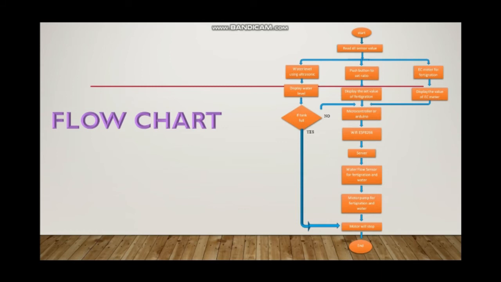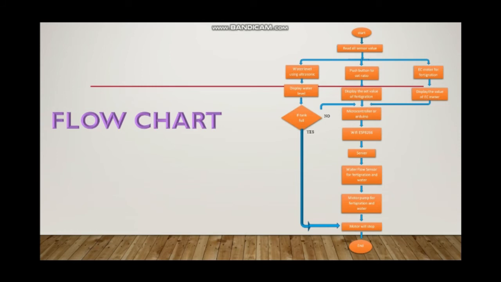For the push button to set the ratio of the quantity of water and fertilizer, it will display the value of the fertilizer. The next is it will go to the microcontroller or Arduino. The Arduino we use is the Arduino Mega. After displaying the value of the fertigation, the Arduino or microcontroller will memorize all the data that we use.